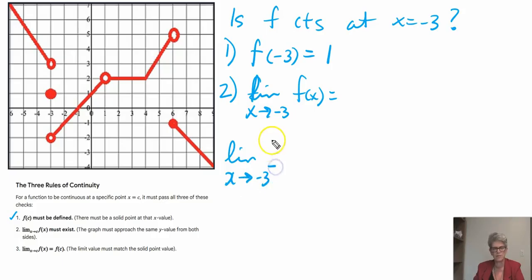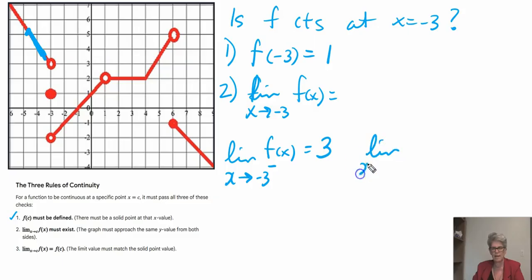So as it approaches -3 from the left, here's -3, so get a little bit to the left on the graph. What are the y-coordinates of those points approaching? The y-coordinates of those points are approaching 3. So the left-hand limit is 3.